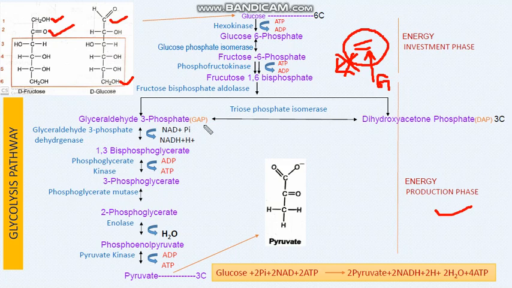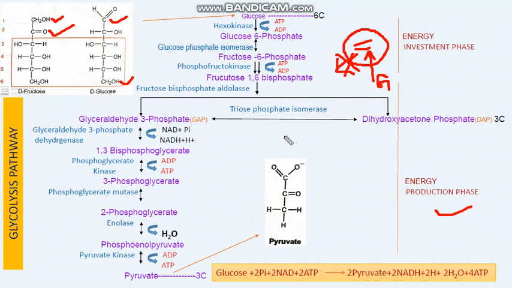So these two 3 carbon containing sugar molecules get converted into each other in the presence of enzyme triose phosphate isomerase. This enzyme helps in rapid interconversion of GAP into DAP and vice versa.